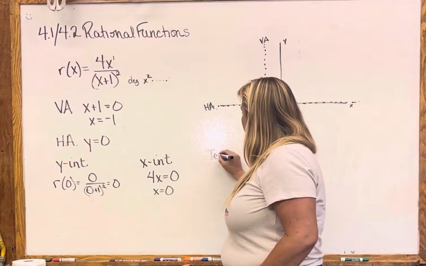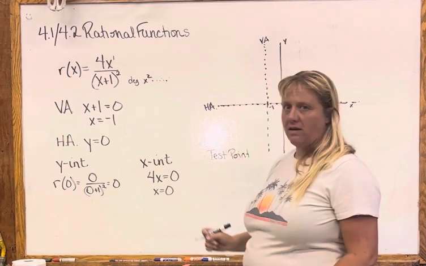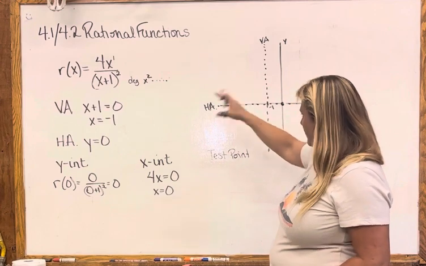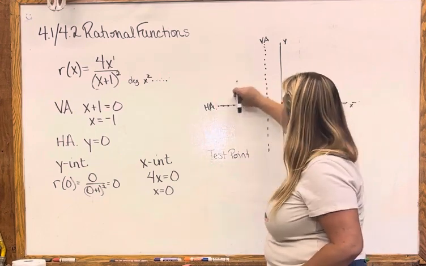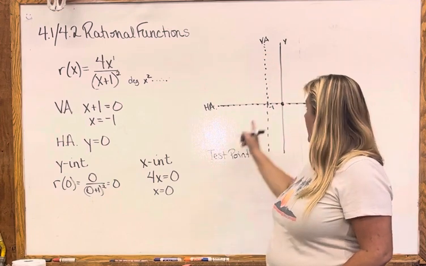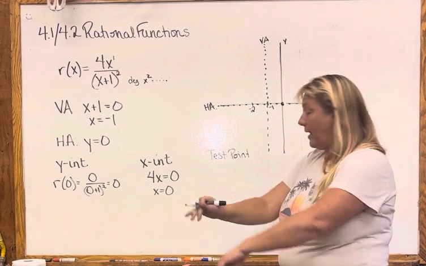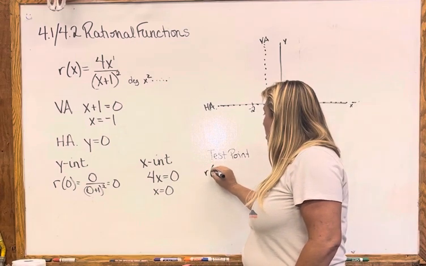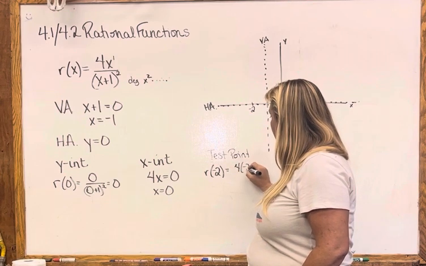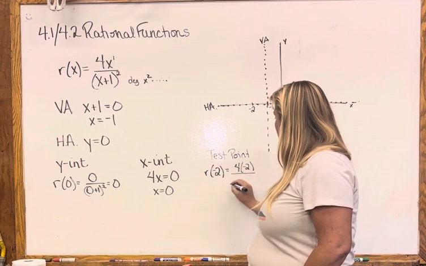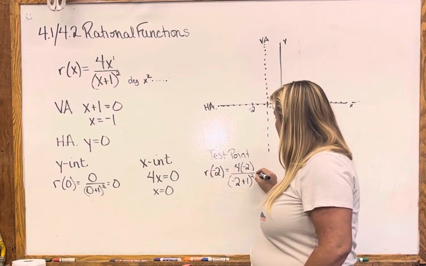So first, let's figure out what's going on this side. We know that there's going to be some graph that's hugging, but the question is, does it come down here or is it up top? So again, pick a test point, maybe like -2, and we're going to plug in. So if we want r of -2, we go 4 times -2 over (-2 plus 1) squared.